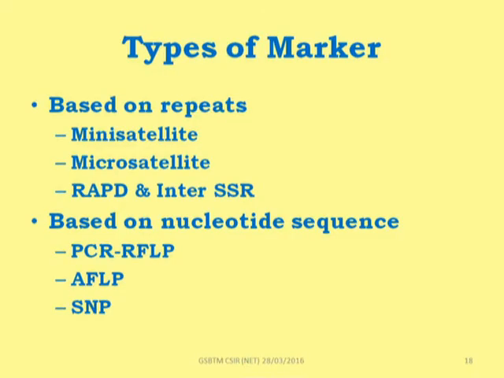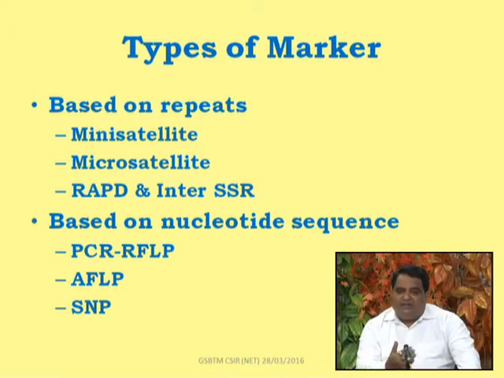And as I said, there are a variety of molecular markers based on repeat sequences. Some sequences can be repeated in the genome, like minisatellites. Repeat sequences of 11 to 60 base pairs are present in telomeric regions, and some genes may be linked with that. That is called a minisatellite. These are transmitted from generation to generation in a codominant fashion, Mendelian inheritance.